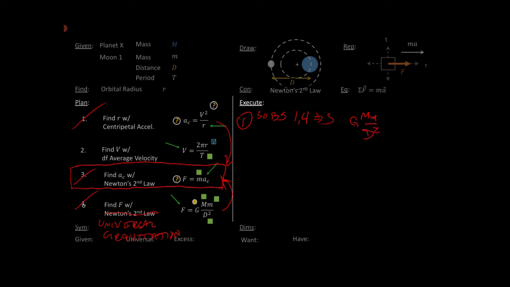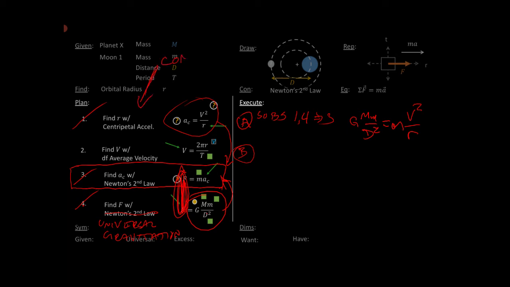That's substituting 4 in for F. So we're getting rid of the F by putting this guy in. That's equal to this guy here. So we have m times AC, which is V squared over R. So we've got that part done. That's easy. Like we said before, a lot of this is just substitution. The big work is setting up these equations, which is all coming from our concepts.